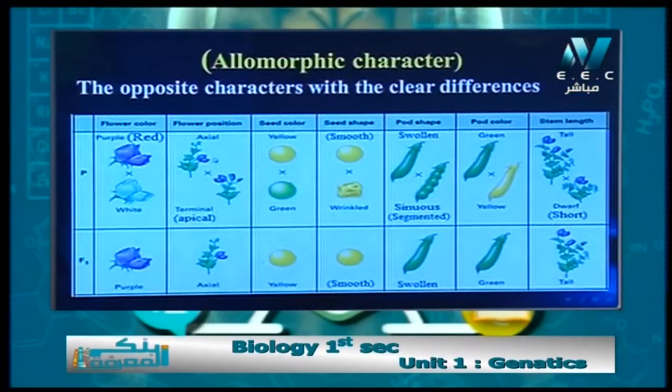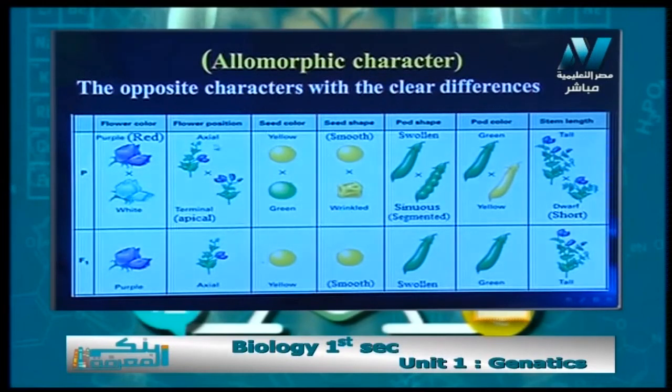In front of you, a diagram explaining the allelomorphic character for pea plant. Opposite characters, one red and the other white. This is allele.